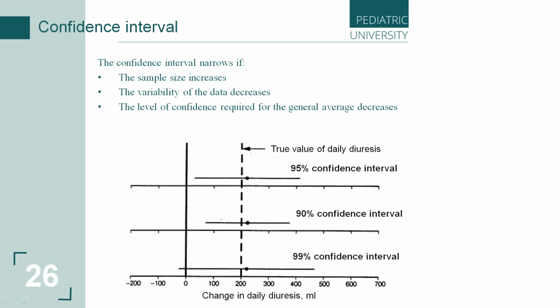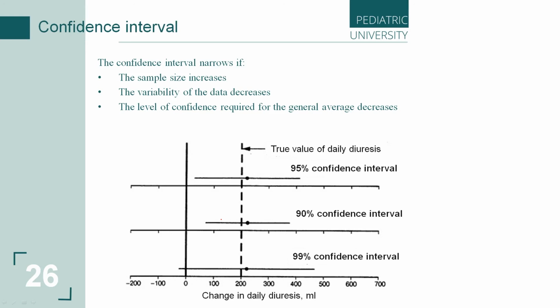To take the example of shooting at a target, the bigger the target, the higher the probability of hitting it, and the smaller the target, the lower the probability of hitting it. The same is with the confidence interval. The narrower it is, the less likely it is that the general average will hit it.